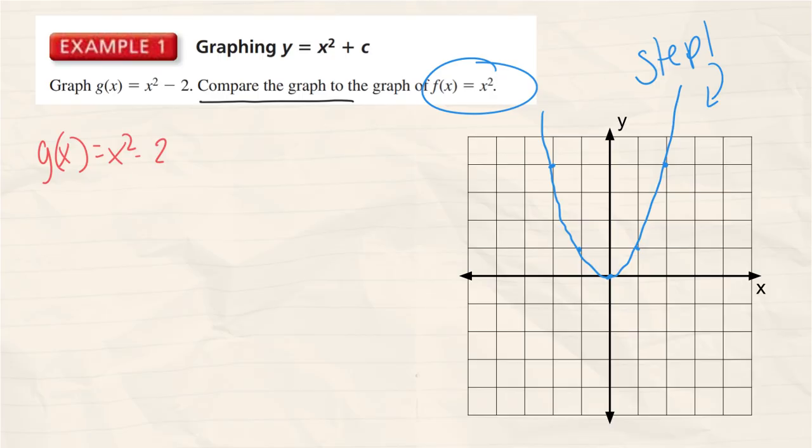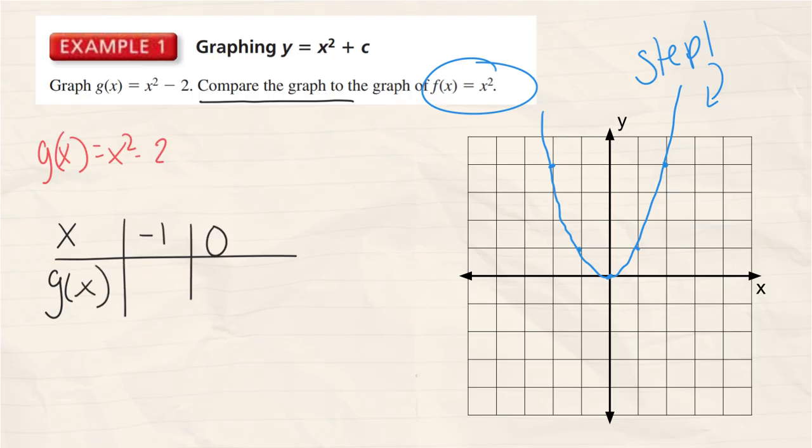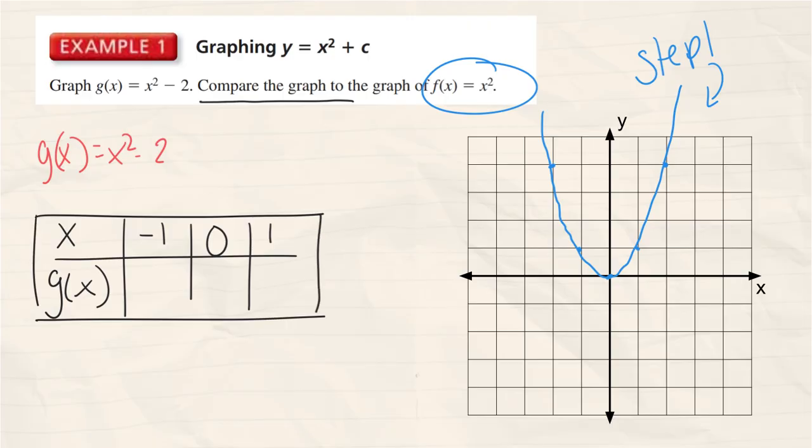I'm going to use the points x, g of x, using negative 1, 0, and positive 1. If I work this out, in substitution, when x equals negative 1, we're going to have negative 1 squared minus 2.